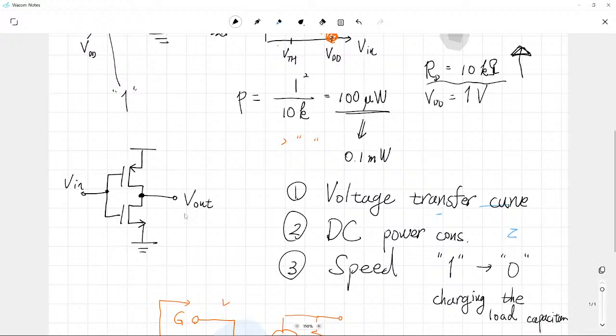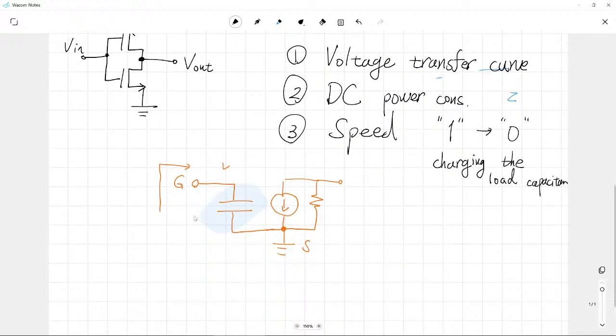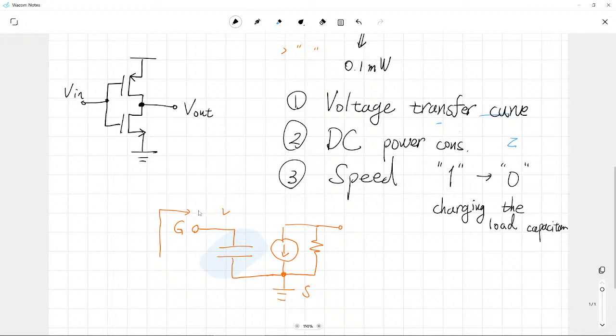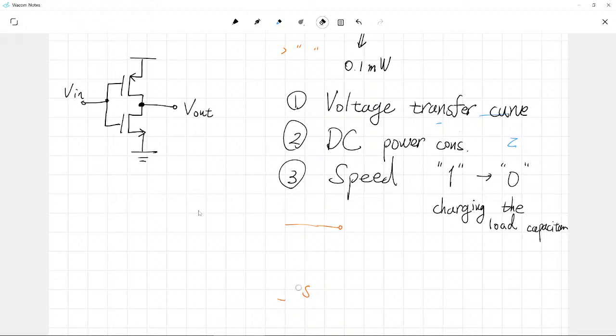However, that takes forever if we have a large R value. So let me examine our MOS transistor according to these 3 criteria.